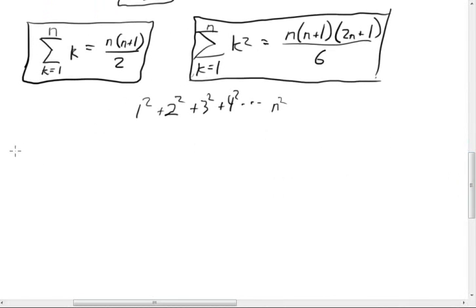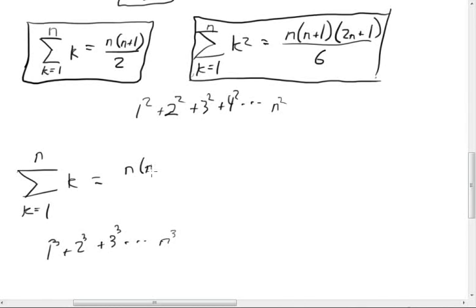The first n cubes, and you'll start to notice a little pattern here of what this looks like. This is going to be 1 cubed plus 2 cubed plus 3 cubed, dot dot dot, to n cubed. Well, this is equal to, actually, the square of this sum.